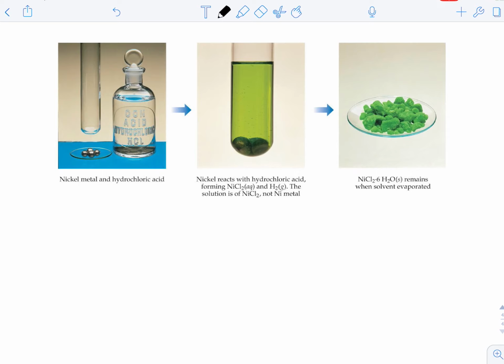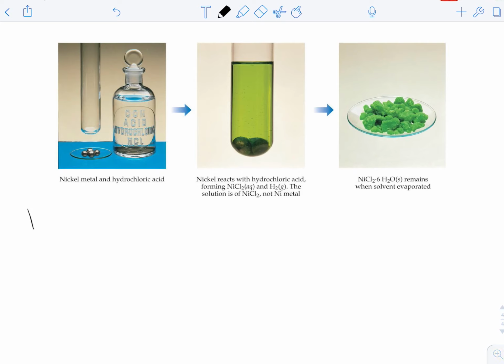That will occur a lot of times, and there'll also be the evolution of gas in this reaction. So those are two common ways that you can tell that something other than dissolution has occurred. If you get a color change, evolution of gas, or evolution of a significant amount of heat, those are usually indicative of an actual reaction.